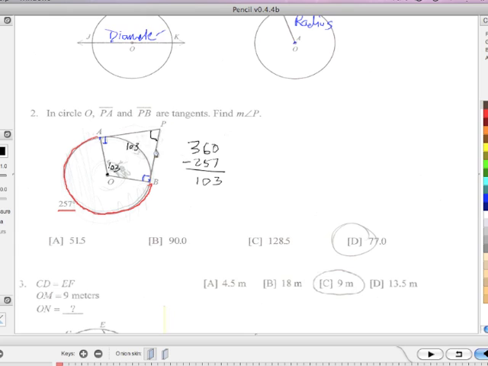Remember, we're headed towards angle P, sorry about that. These four angles have to add up to 360, so the angle at P, the angle at A, the angle at O, and the angle at B have to add up to 360.